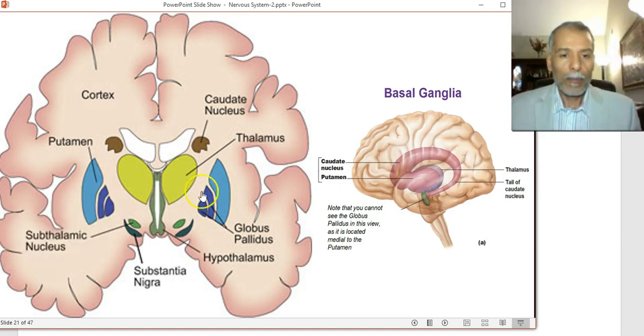All of these: 1, 2, 3, 4, and then the substantia nigra here, 5. These structures are critical for movement, for emotional control and regulation, for mood, and they are important for learning and motivation.